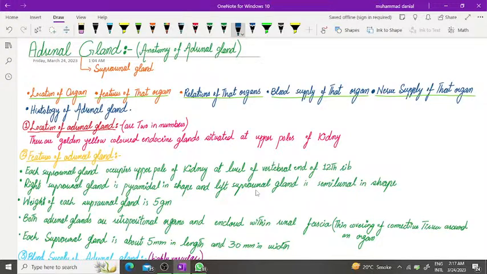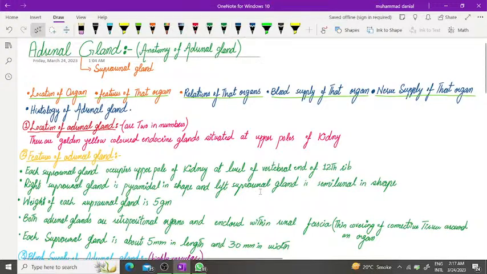Because I am discussing the adrenal gland, I have written the histology of adrenal gland. Location: adrenal glands are two in number. They are golden yellow colored endocrine glands situated at the upper pole of kidney.